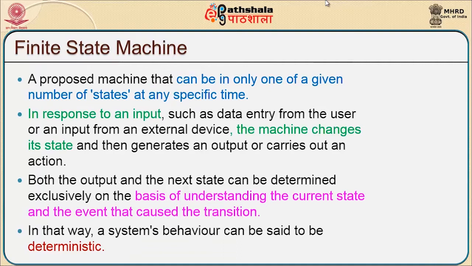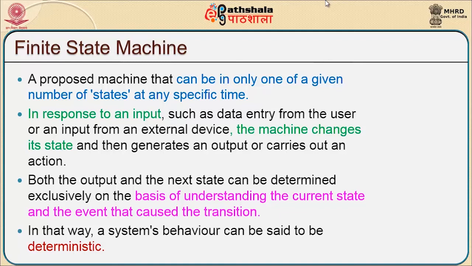The second methodology for specifying requirements is by plotting a finite state machine. To understand a finite state machine: it is a proposed machine that can be in only one of a given number of states at any specific time.